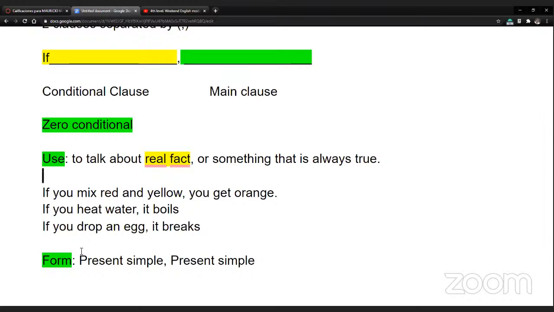Form: present simple and present simple. This is present simple: mix, get, heat, boils, drop, breaks. That is present simple. Zero conditional.